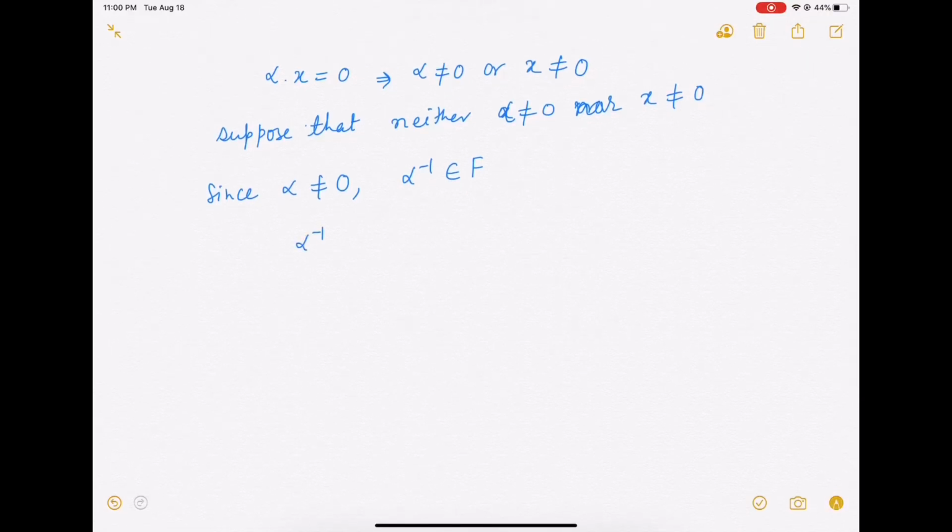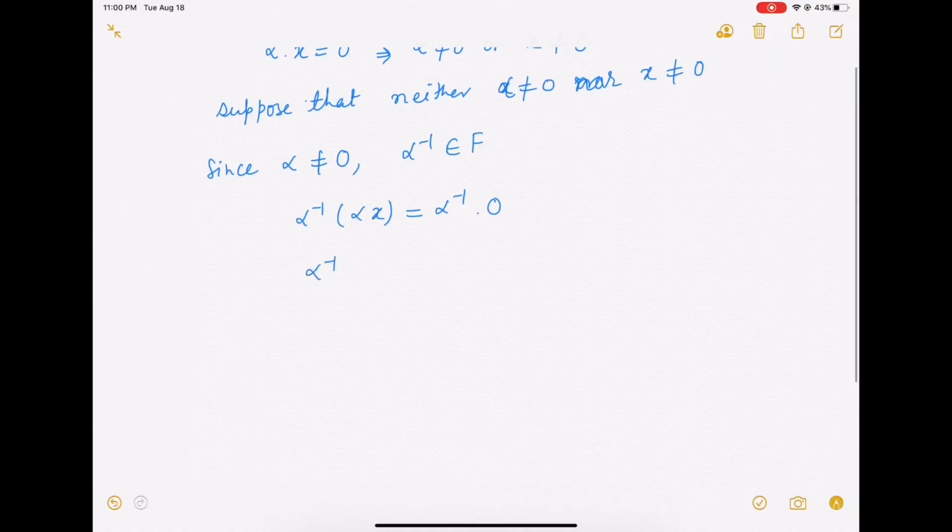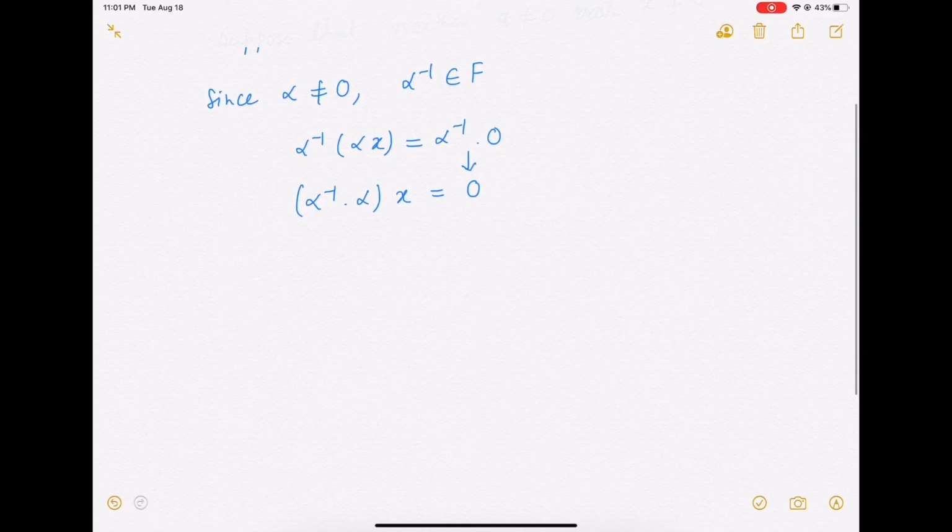So applying alpha inverse on both sides of this identity, we get this, and it means alpha inverse operated on alpha 0, using the associative property, and here alpha inverse operated on 0 gives you 0, and again this 0 is a vector quantity. Alpha inverse operated on alpha gives the identity element 1 in field, 1 dot x equal to 0, and 1 dot x is x, so x is equal to 0.